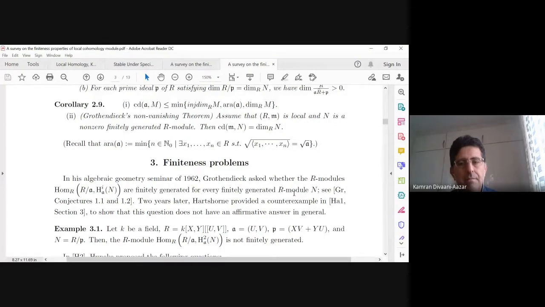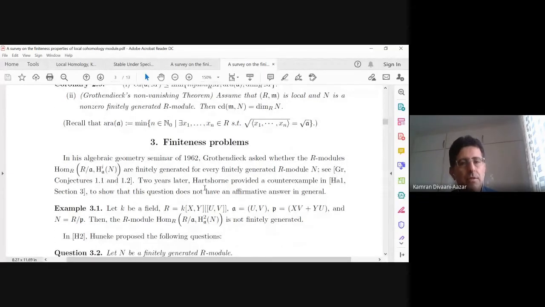Let N be a finitely generated module and I be an integer. He asked whether the module Hom of R over A and H^I of N is finitely generated. Two years later, Hartshorne gave a counterexample for this question.